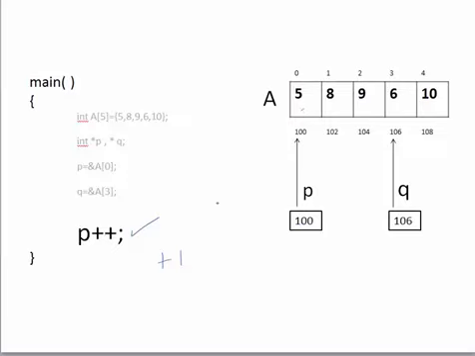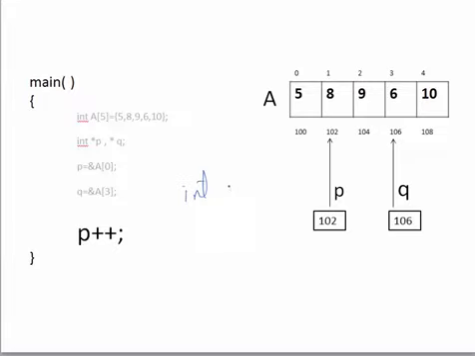So P plus plus means move to the next integer, so it will not increment by 1 but it will increment by 2. That's how P moves to address 102. In our example, P is an integer pointer, and when you increment P plus plus, it will increment by 2 bytes.